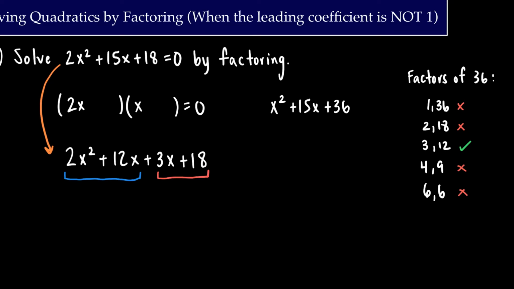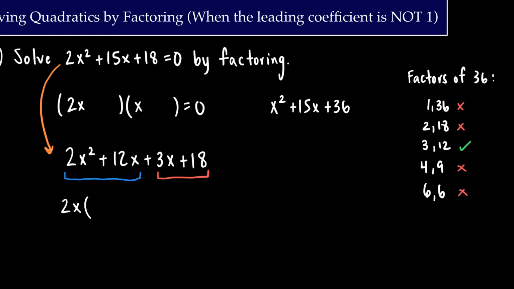So if you factor out on the blue set here, what's the largest thing I could factor out? I can definitely get a 2. There's also an x in both parts, so you can actually divide by 2x here.